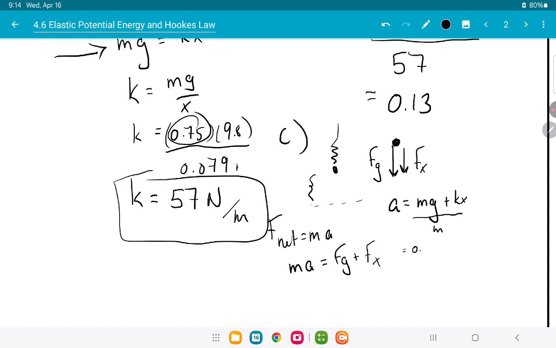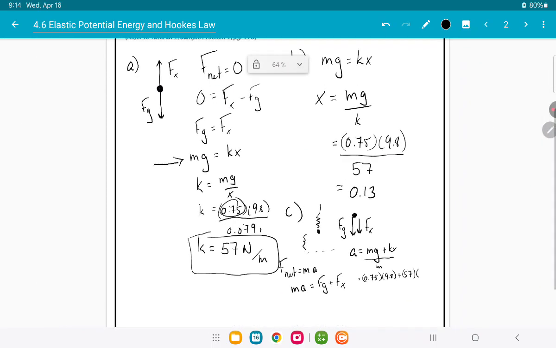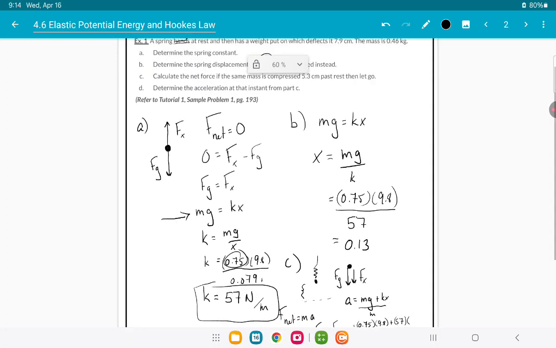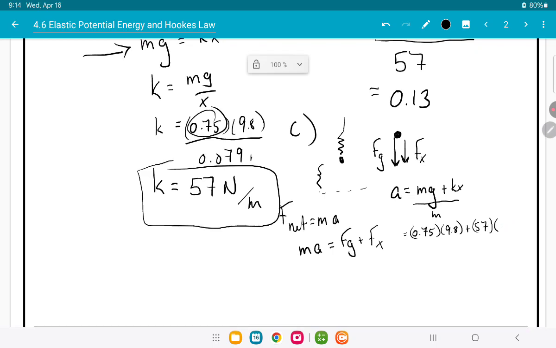I'm assuming we're going to use the same mass as the second example. Alright, for the sake of time, I'll let you figure that out.